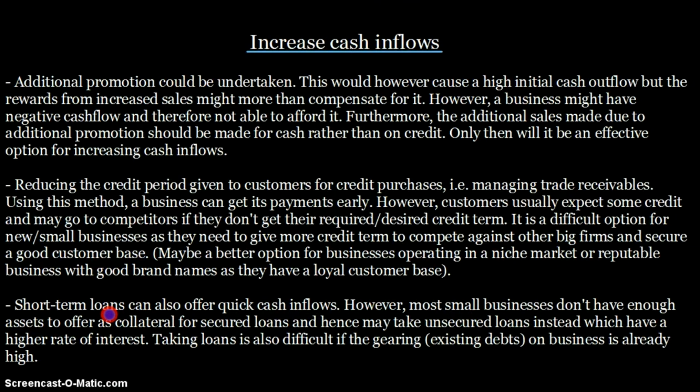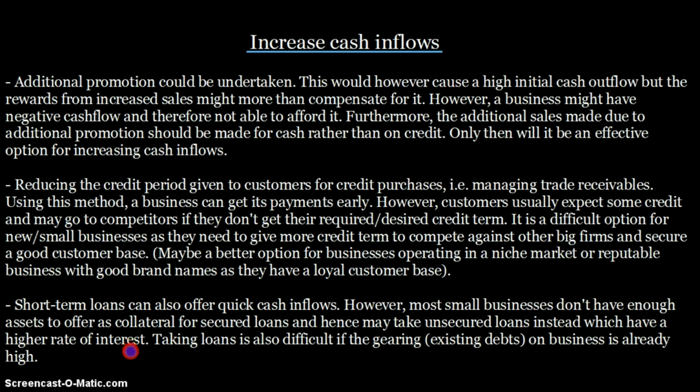There are short-term loans that can also offer quick cash inflows. However, most small businesses don't have enough assets to offer as collateral for secured loans, and hence may take unsecured loans instead. So they have to take unsecured loans, which have a higher rate of interest, of course.